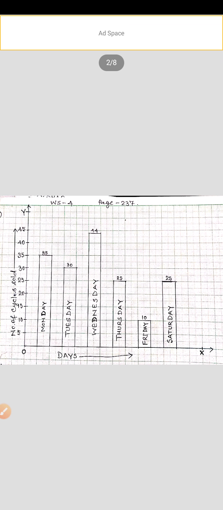So first of all, draw OX, that is the x-axis, and a vertical line OY, that is called the y-axis. They intersect at O. O is called the origin. Now the length of one square is 1 centimeter.